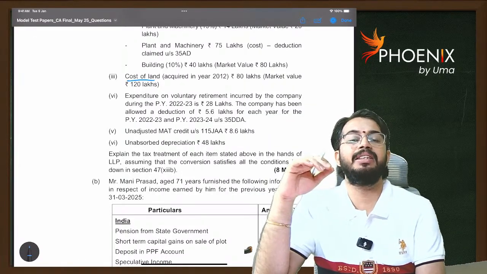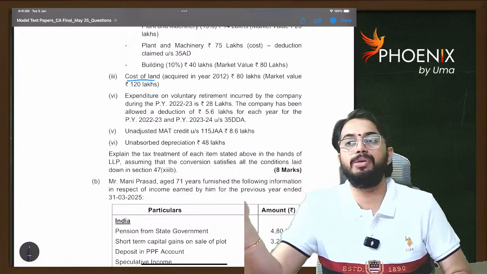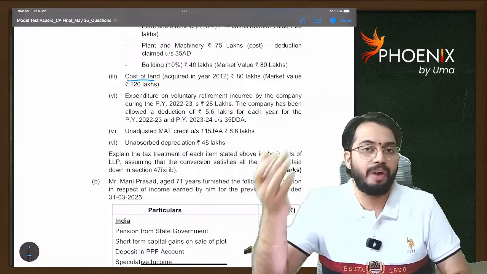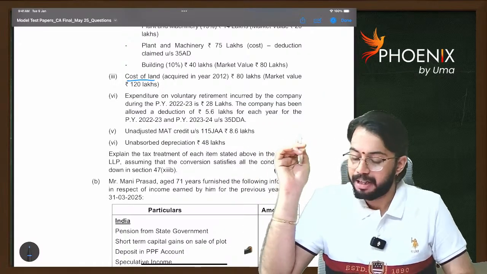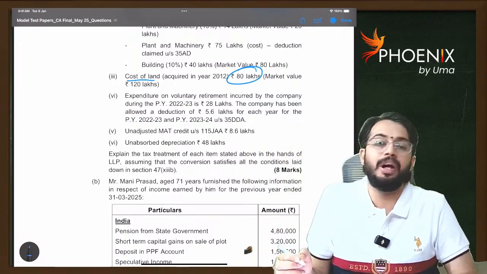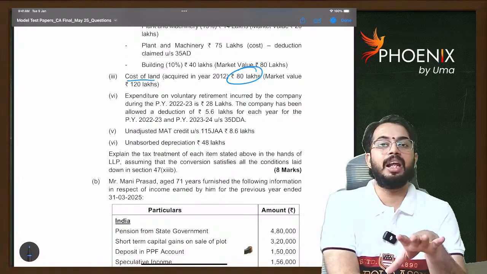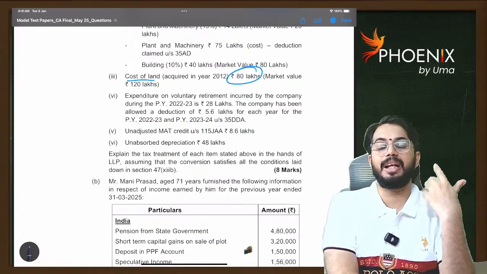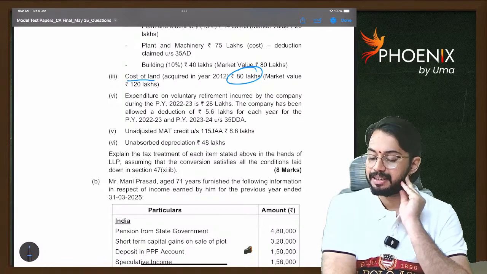So whenever land is transferred from a private limited company to an LLP, it will be transferred at book value. Fair market value will not be considered. Book value is 80 lakhs. So in the hands of the LLP, the cost of land is equal to the book value in the hands of the private limited company, which is 80 lakhs.